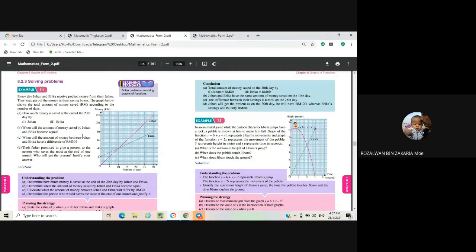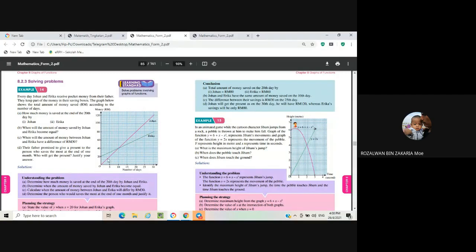Okay, for B, the question is, when will the amount of money saved by Johan and Erica become equal? How to get the answer for this one? From the graph, you must find out whether there is any intercept between these two graphs.